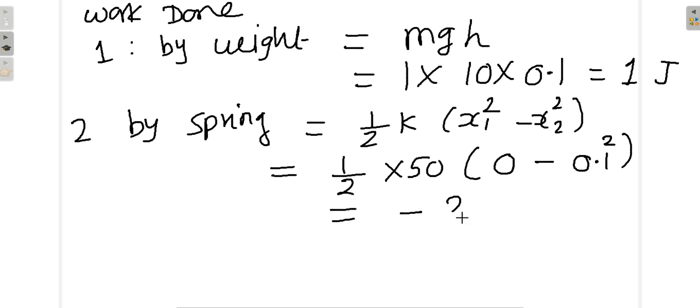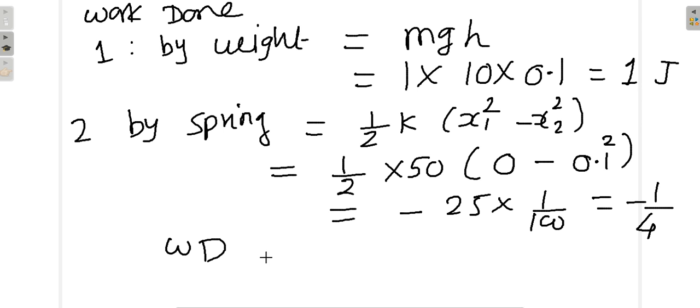That is minus 25 into 1 by 100, that is minus 1 by 4. So total work done will be 1 minus 1 by 4, that is 3 by 4 joule.